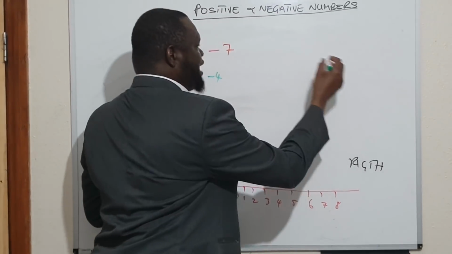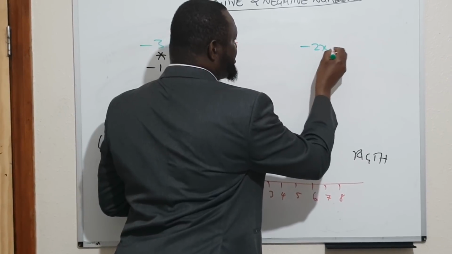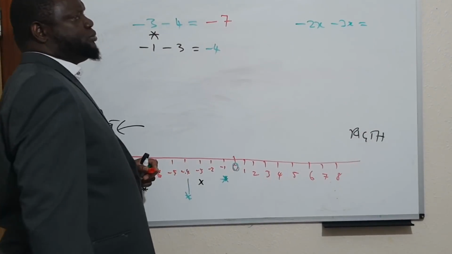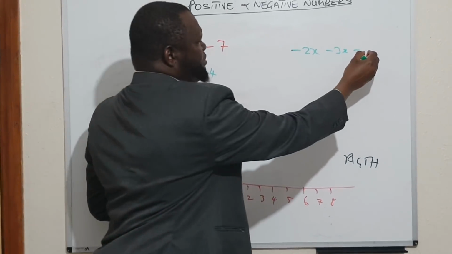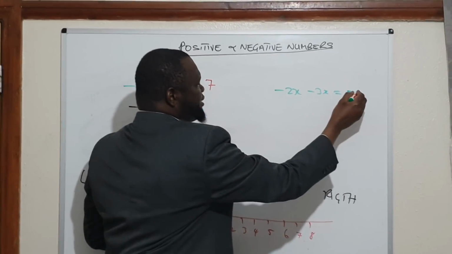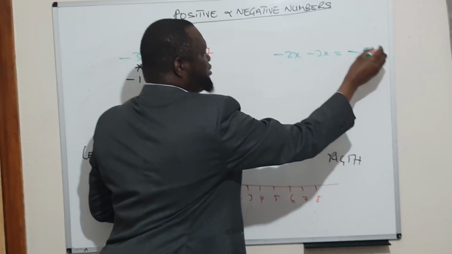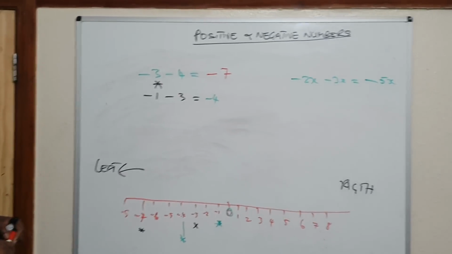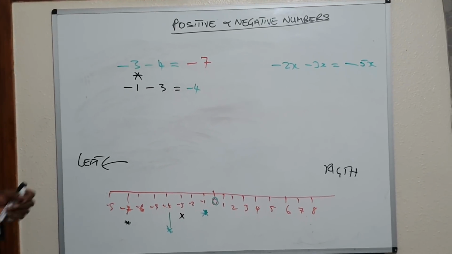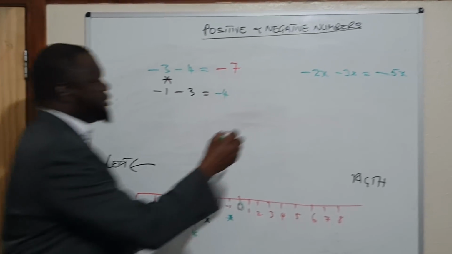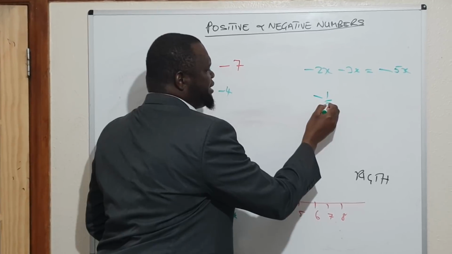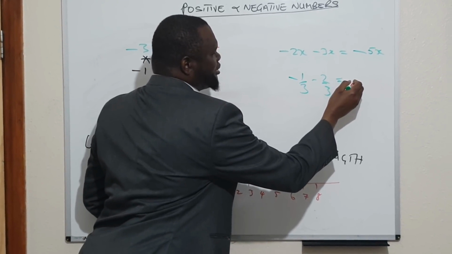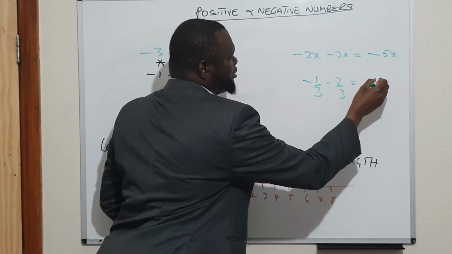Let's say in algebra they said minus 2x minus 3x. Minus minus, your answer will always be in minus. 3 plus 2 is 5. Minus 5x. Same thing. Minus 1/3, minus 2/3.